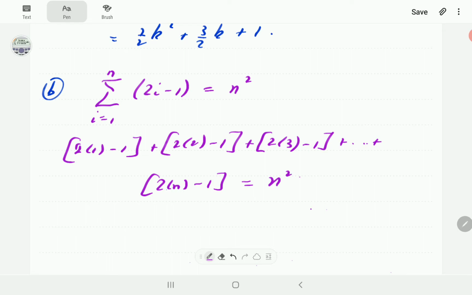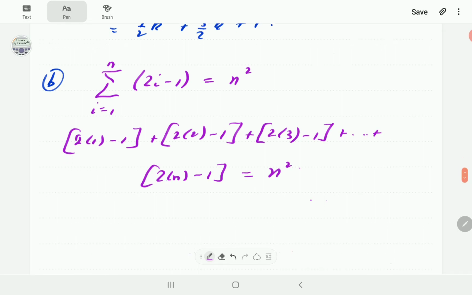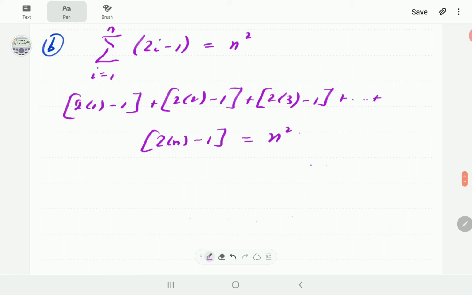On the right hand side, this first term is going to work out to 2 minus 1, which is 1. This one is 4 minus 1, which is 3. This one is 6 minus 1, which is 5. And the last term is going to be 2n minus 1.